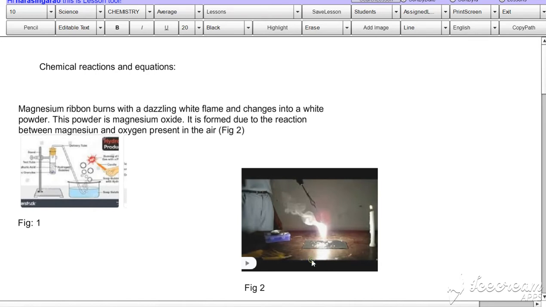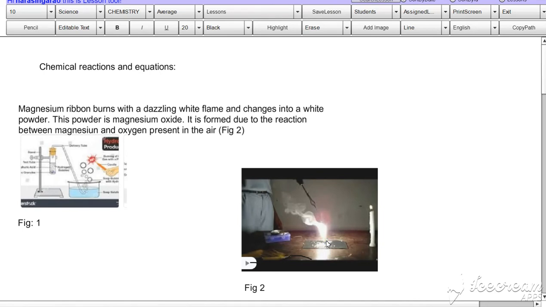In figure 2, a magnesium ribbon burns with a dazzling white flame and changes into white powder. This powder is magnesium oxide. You can see the white powder collected on a plate here.